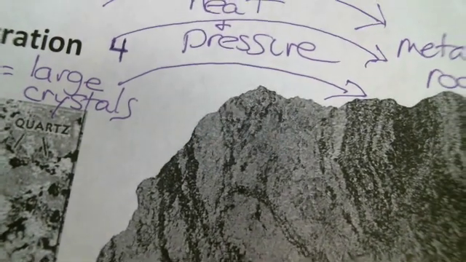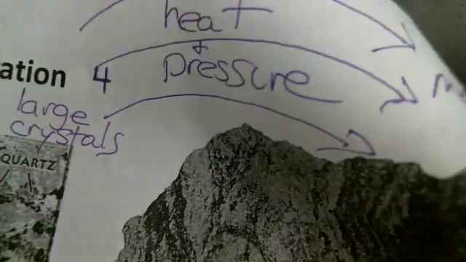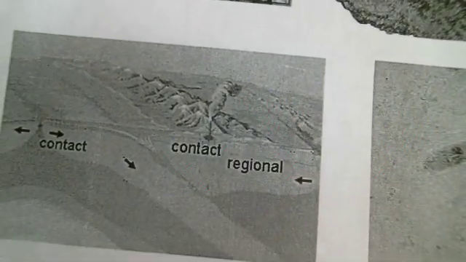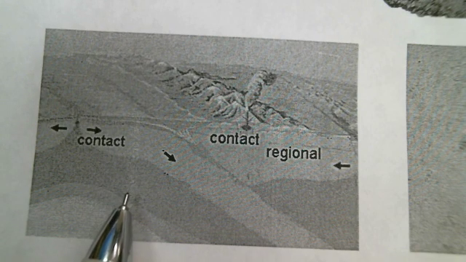Now the metamorphic rock, remember, can happen because of heat and pressure. We've talked about magma changing surrounding rock into metamorphic, but there's another way of it happening, and that's going to be illustrated here in the next row down.